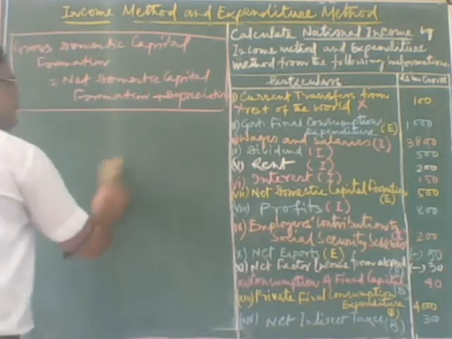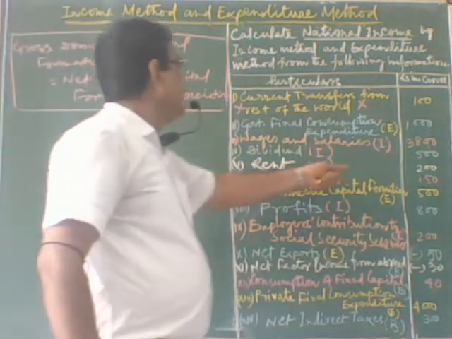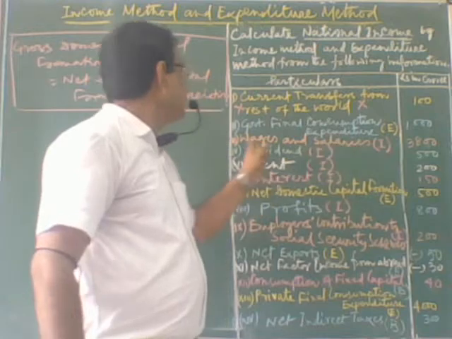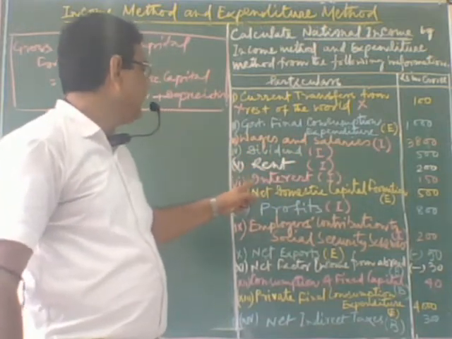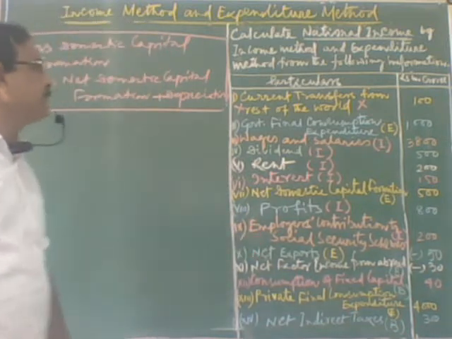According to this information, the components of income method are wages and salaries, dividends, rent, interest, profit, and employers' contribution to social security scheme.